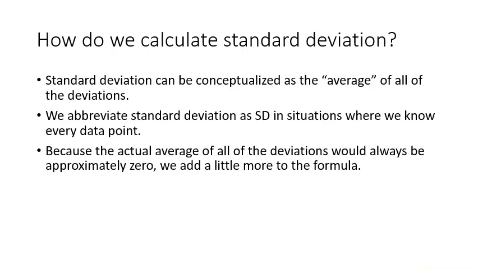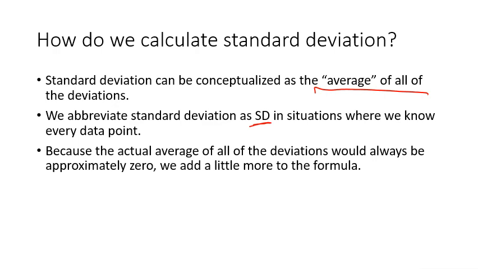So first of all, standard deviation can be conceptualized as sort of like the average of all of the deviations. We abbreviate standard deviations as SD in situations where we know every data point. But because the actual average of all the deviations would be approximately 0, we add a little bit more to the formula.